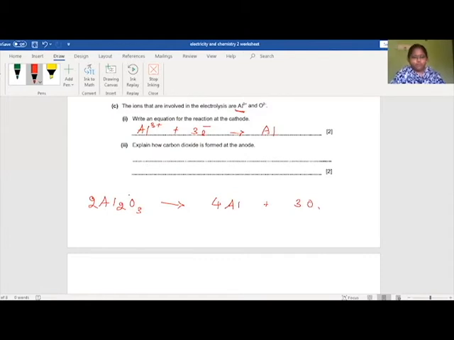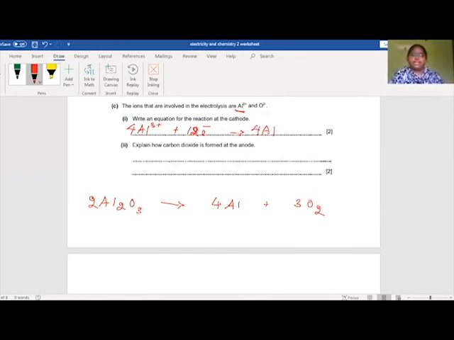Because if only O3, you cannot write oxygen as a diatomic molecule. So that's why we made it 2 moles. Now 4 aluminium ions means 4 into 3, 12 electrons. So 12 electrons lead to 4 aluminium. You can write like this also, right?